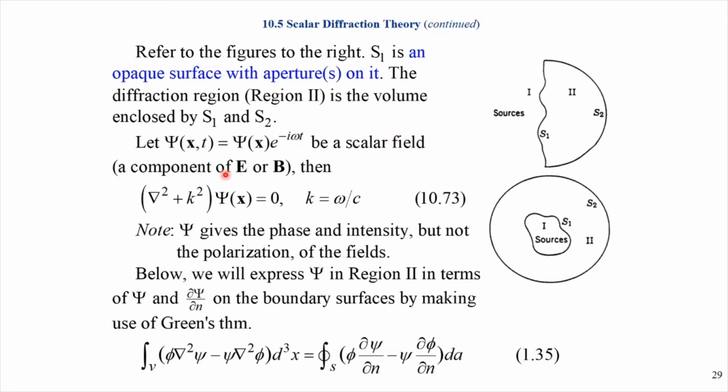Then the Helmholtz wave equation tells us that we can separate the time-dependent and space-dependent parts. We have these relations. Phi gives the phase and intensity, but not the polarization. If we need the polarization, we need two components, not just one.